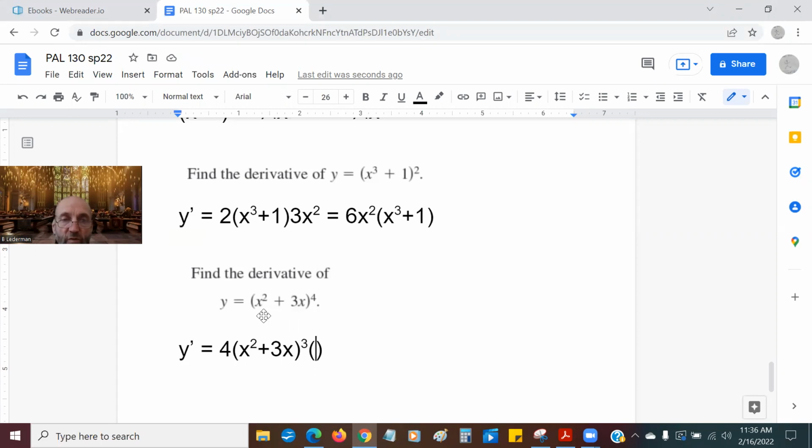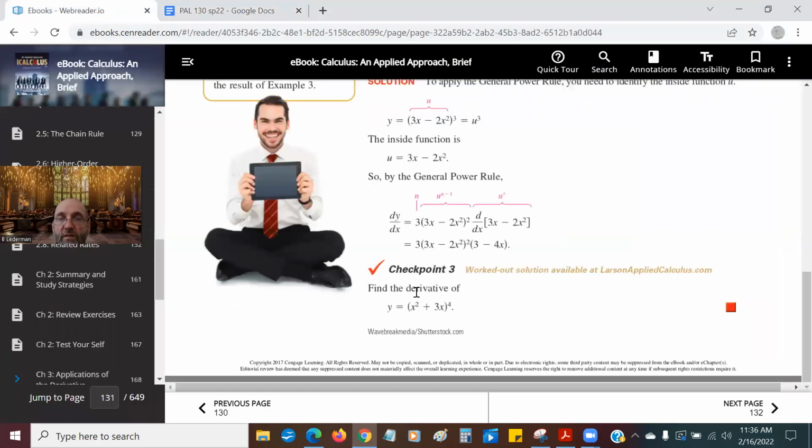So the derivative of x squared is 2x, and the derivative of 3x is just 3. And bam, that's my answer right there. So this is the outer, and that's the inner. Okay, let's go back here.